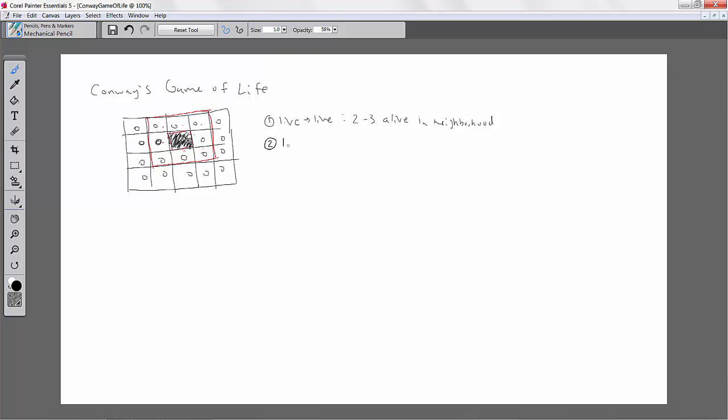An alive cell will die if there are more than 3 alive in its neighborhood. And an alive cell will die if there are fewer than 2 alive in its neighborhood.